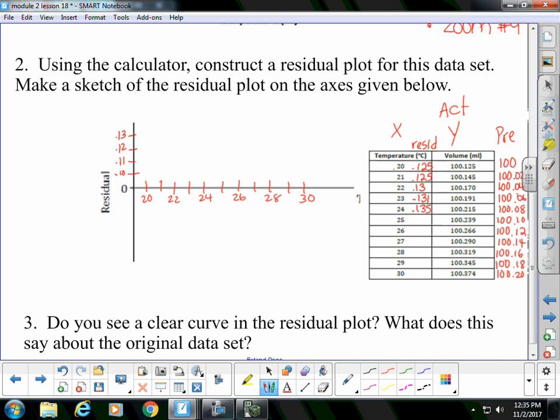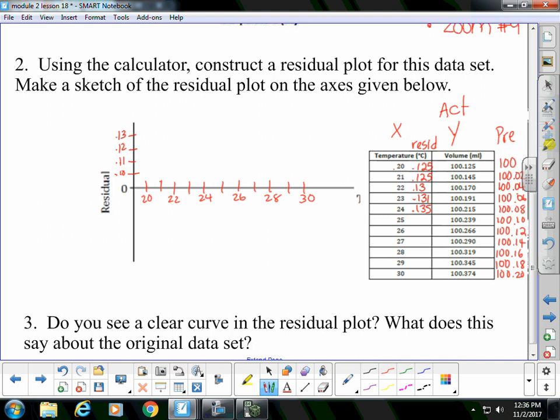So then you would start plotting them, and what you're looking for is, is it scattered or is it a curve? If it's scattered, then that means that our original graph is actually a scatter plot. And if it's a curve, then that means that it's actually a curved graph, which would explain why that line was not actually fitting in.